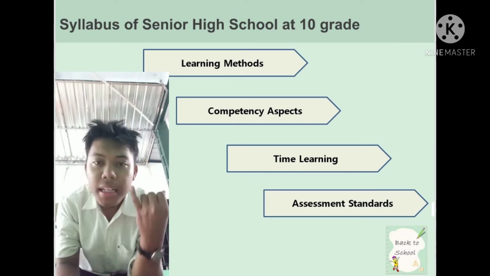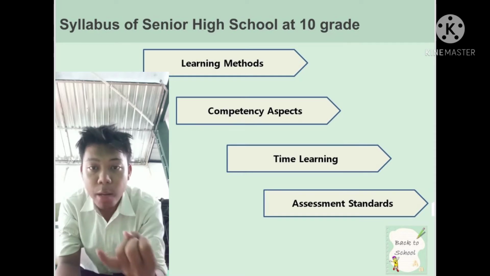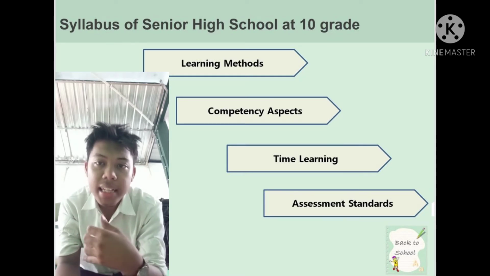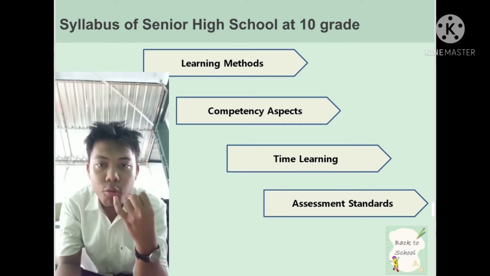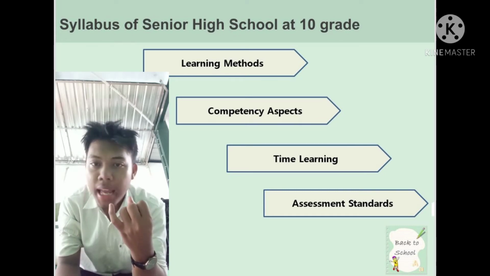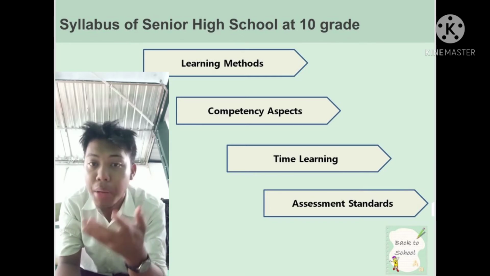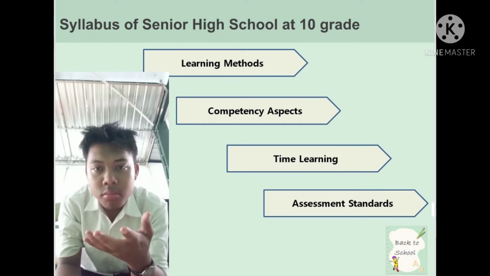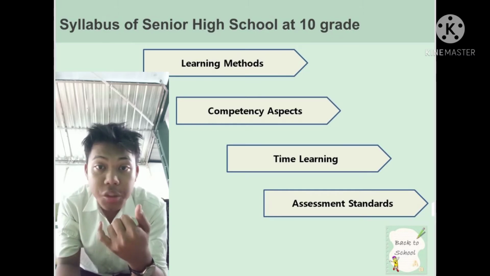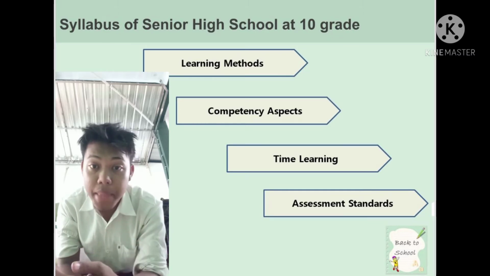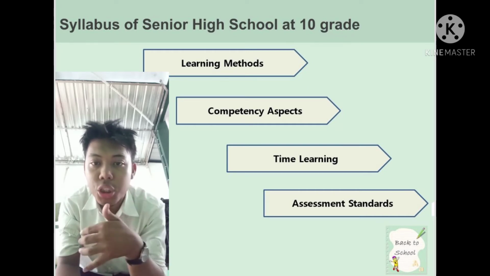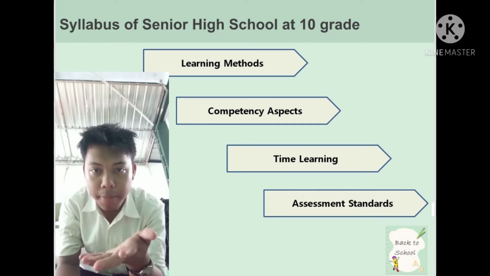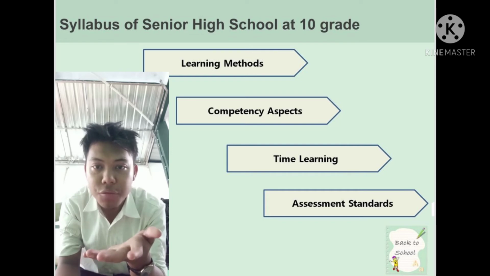When the students can speak well, they can explore more about themselves, especially when they want to speak to other people, maybe about tourism and so on. It can be very useful to the students when they want to speak to other people.